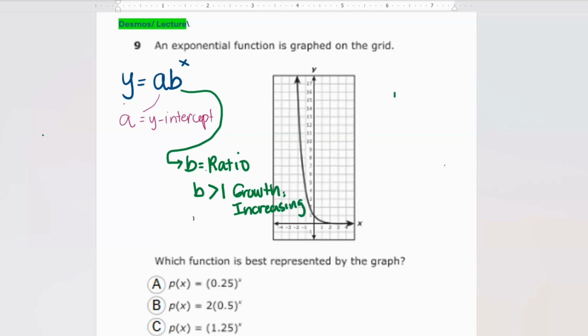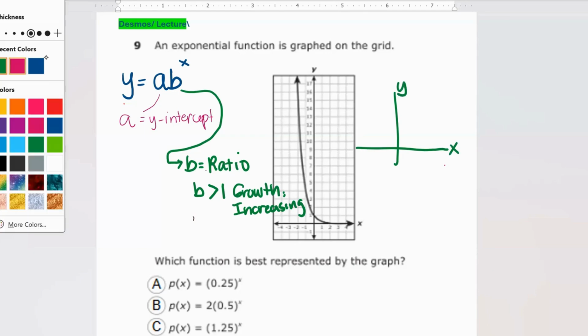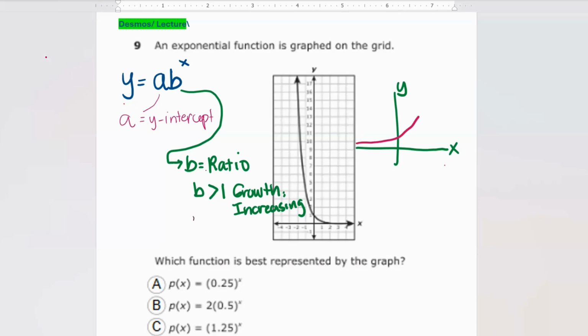So the graph of that, this is x, that's y, looks like it goes from left going up. So that's when b is greater than 1.